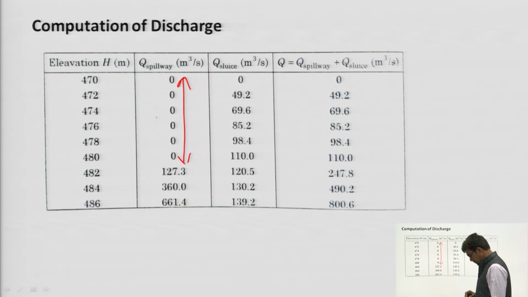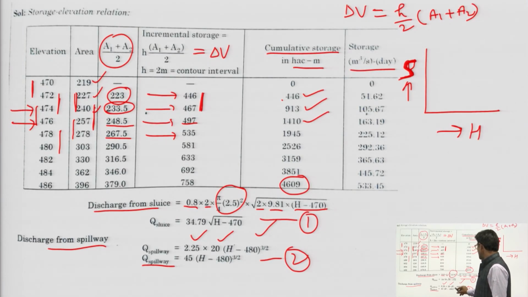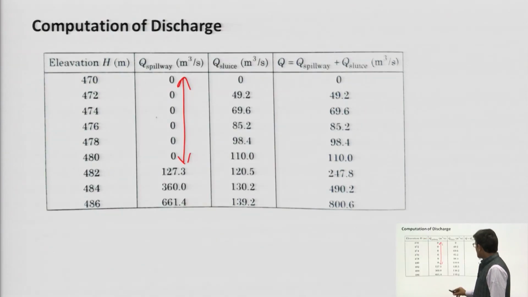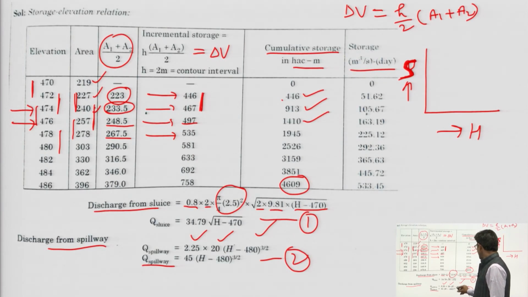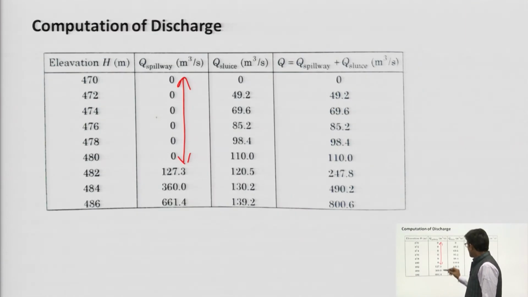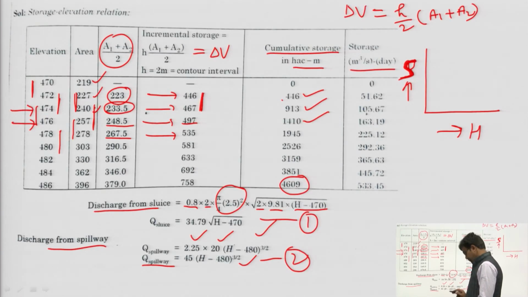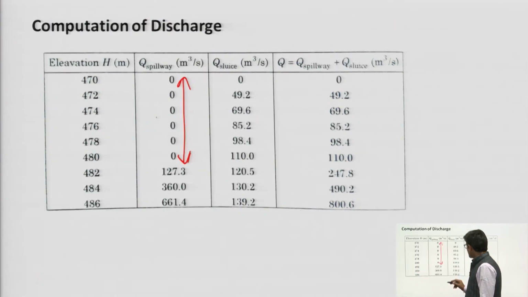From the expression also you can calculate: it is valid only when h is more than 480, otherwise you will get a negative discharge, which has no meaning. So the discharge is 0 up to an elevation of 480, and by putting the value of h in this expression, we can find the discharge.